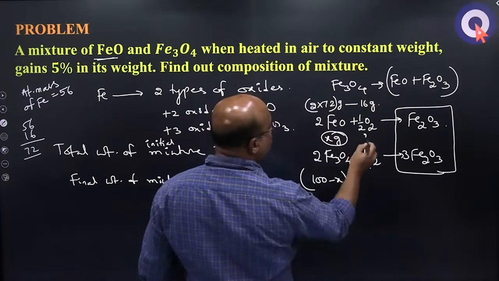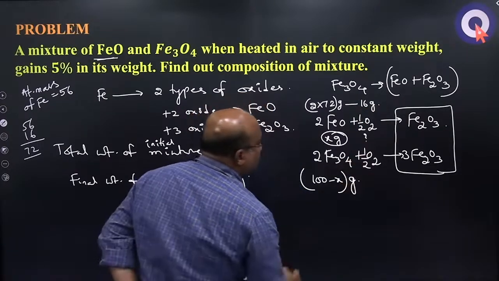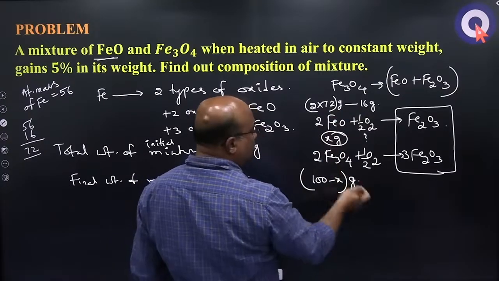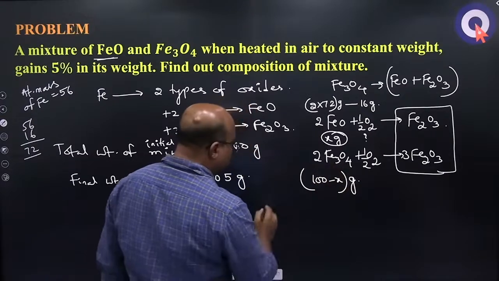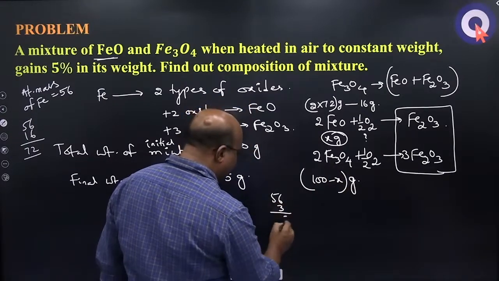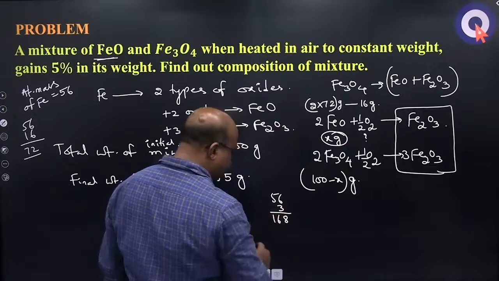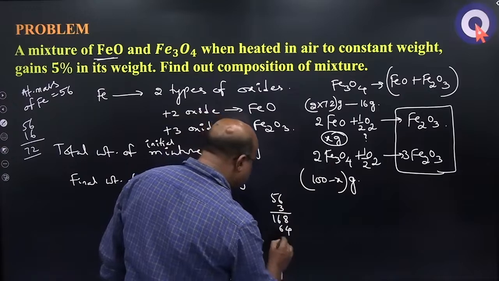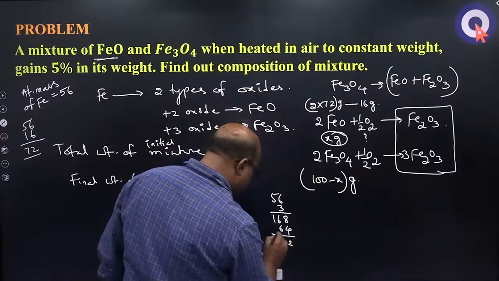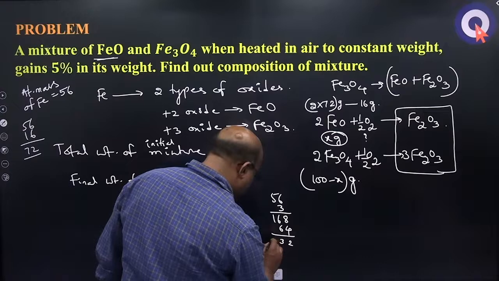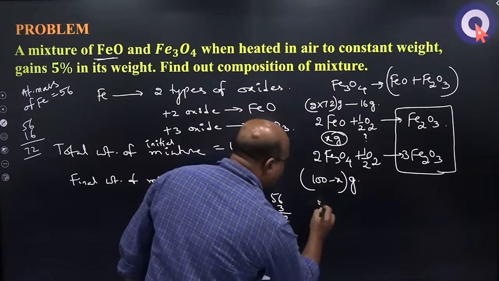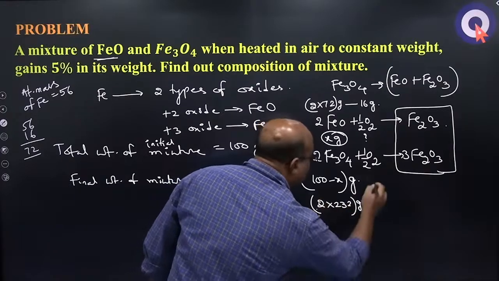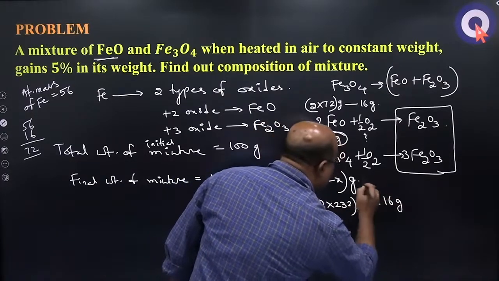So how much oxygen will react here? That is 16x by this part. What is Fe3O4? 56 into 3, 168. Then oxygen 64, so 232 grams. 2 into 232 grams is consuming 16 grams. So for this how much is required?